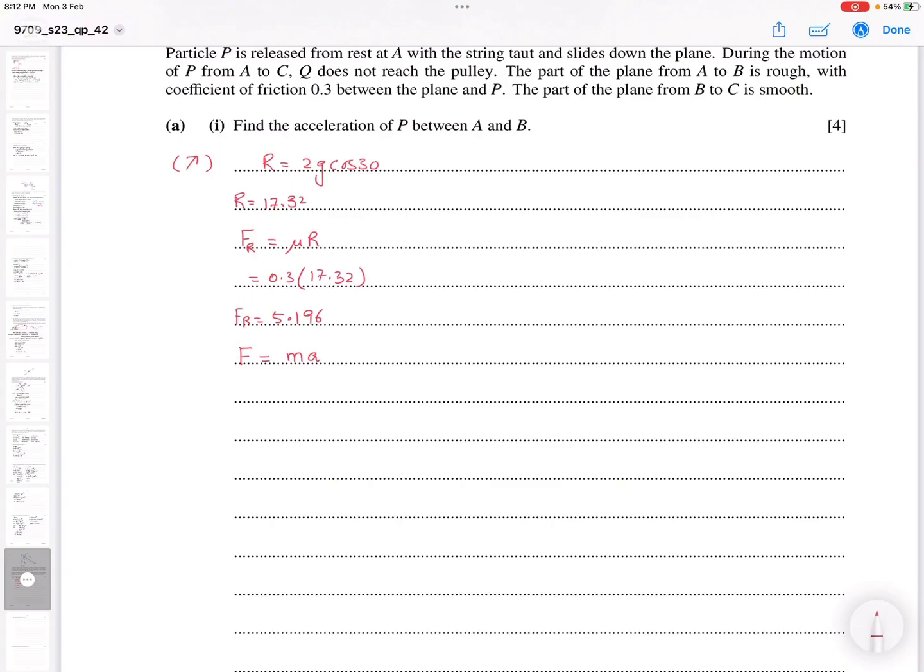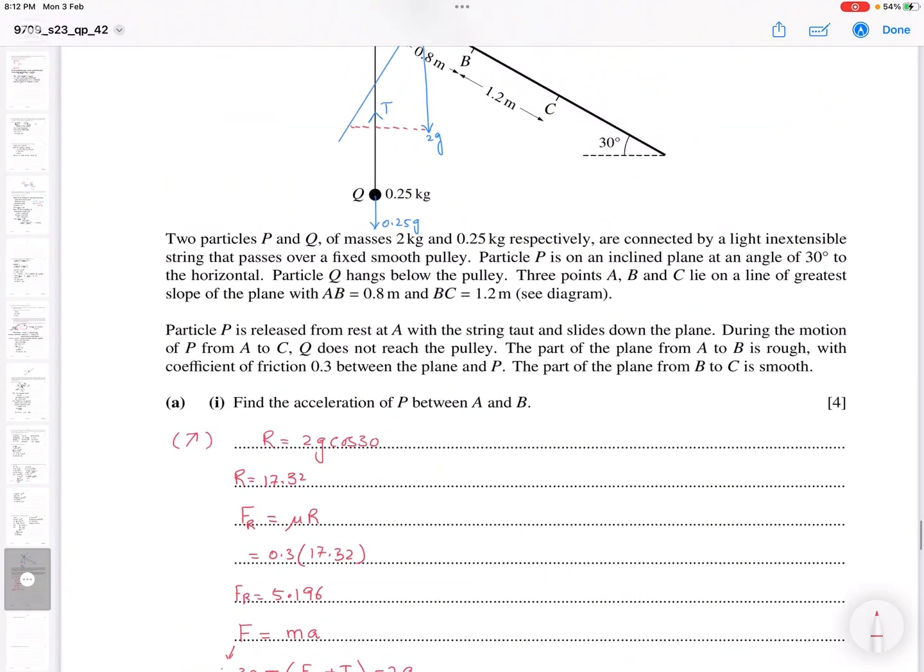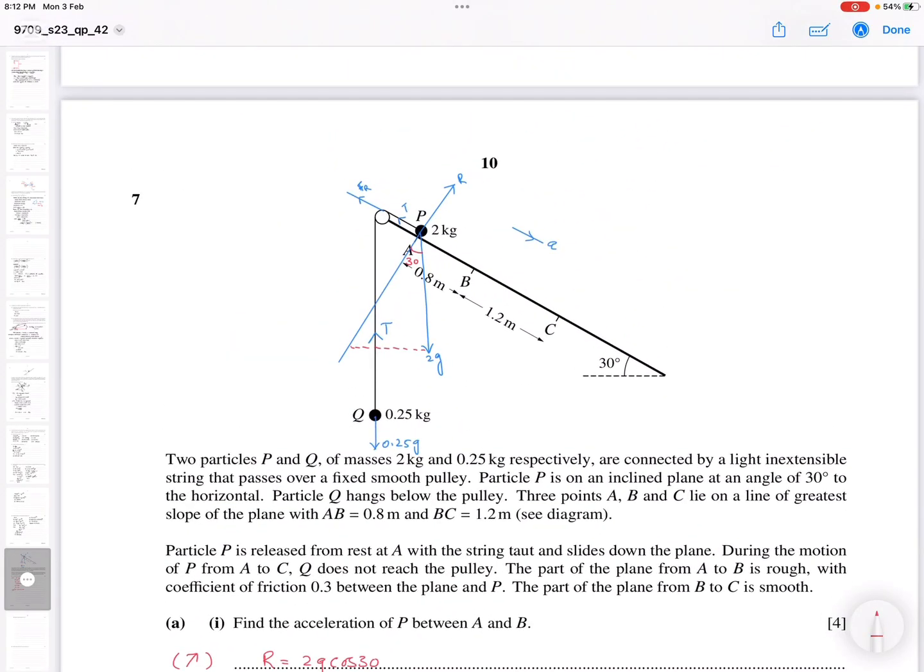My F is 2g sin 30 minus the frictional force Fr plus T, and this is equal to mass 2 and acceleration a. Look, the weight is 2g, which is sliding down the slope, and the opposite forces are the frictional force as well as the tension.